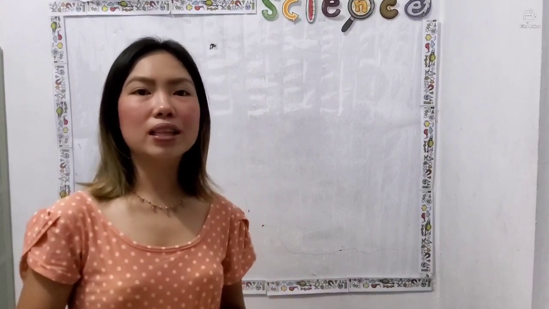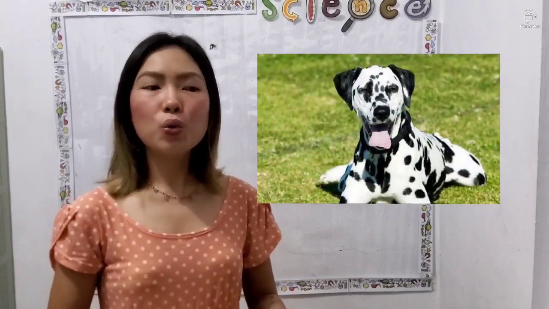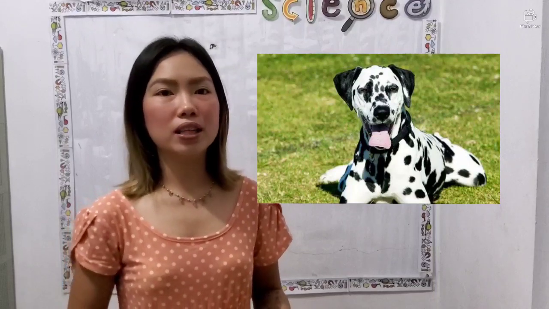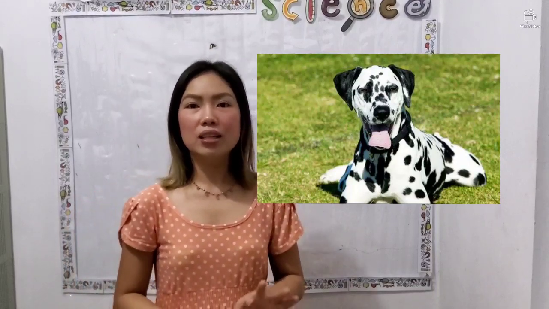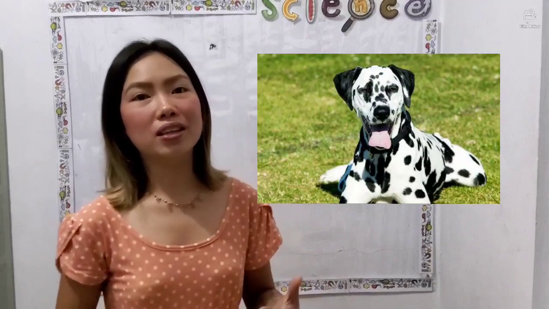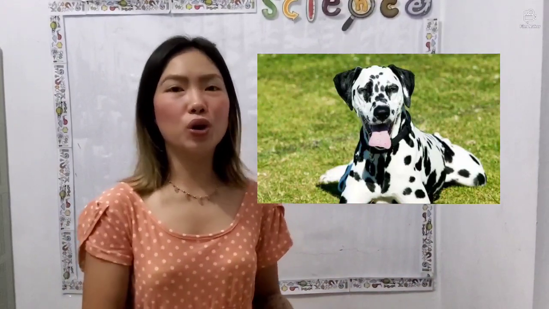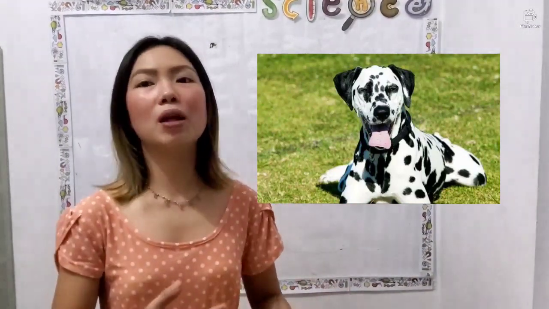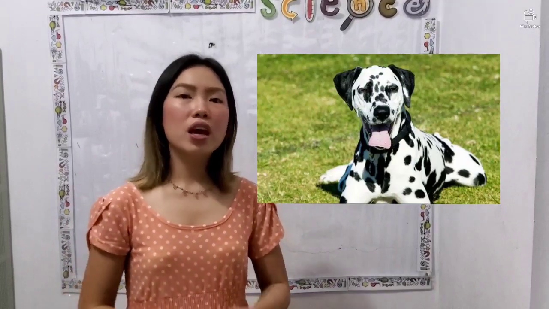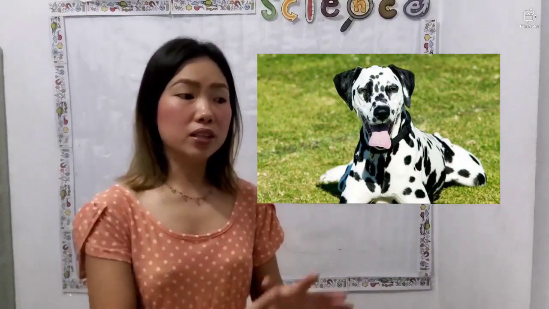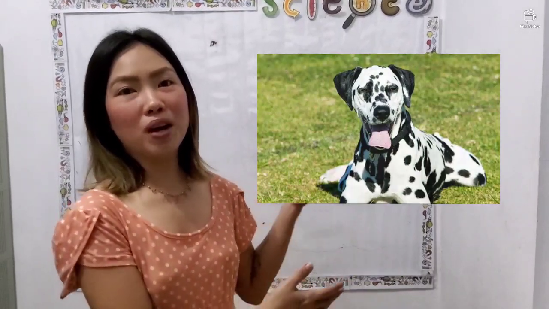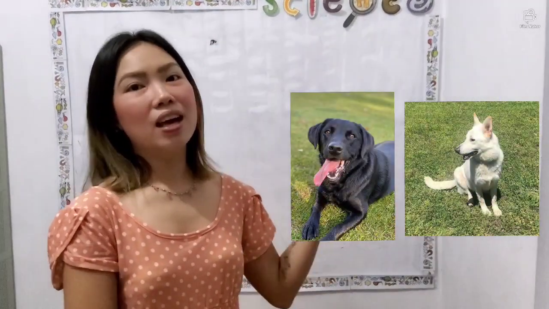So, if you would notice, may mga klase tayo ng balat ng aso o kulay ng aso na may mga tinatawag tayong patak-patak na parang yung sikat na pinapanood nating Dalmatians. Now, on the Dalmatians, obviously, you will see there a white and a black color on their skin. May patak-patak silang kulay. Meaning to say, it is obvious that the parent of that specific dog is coming from a black and a white dog.